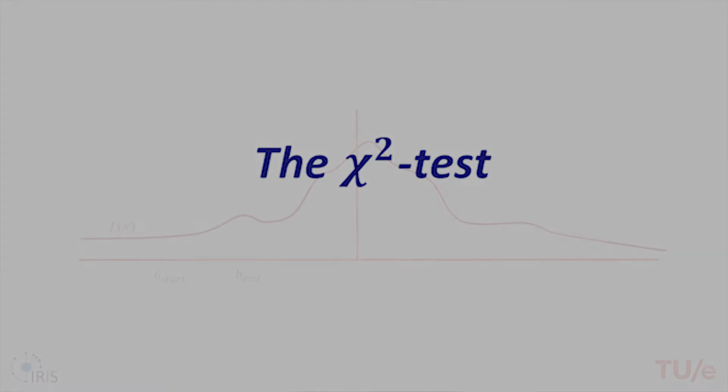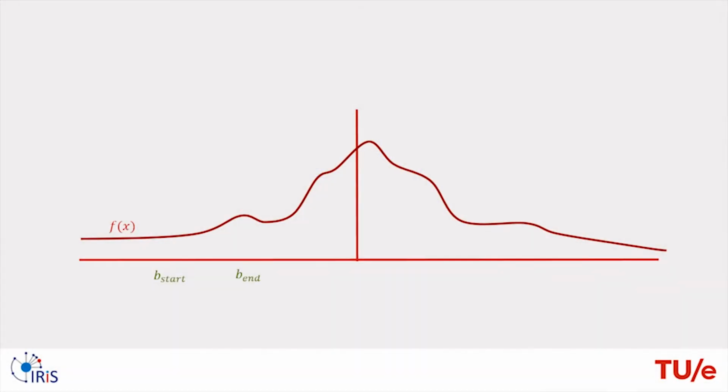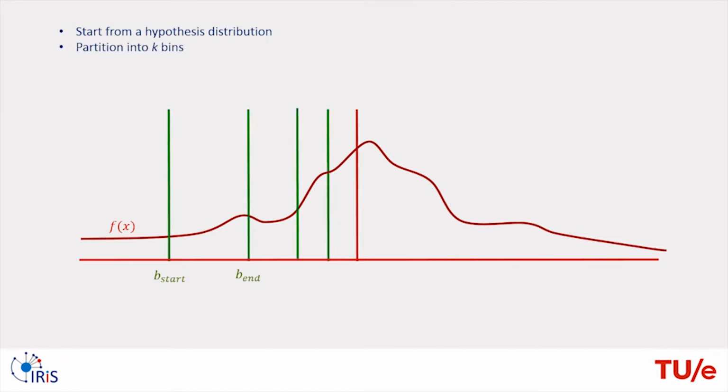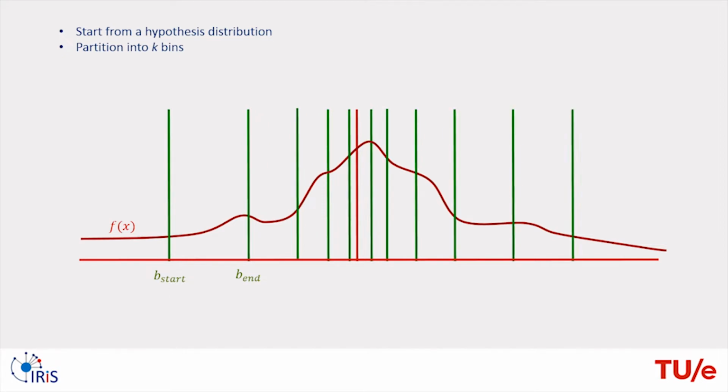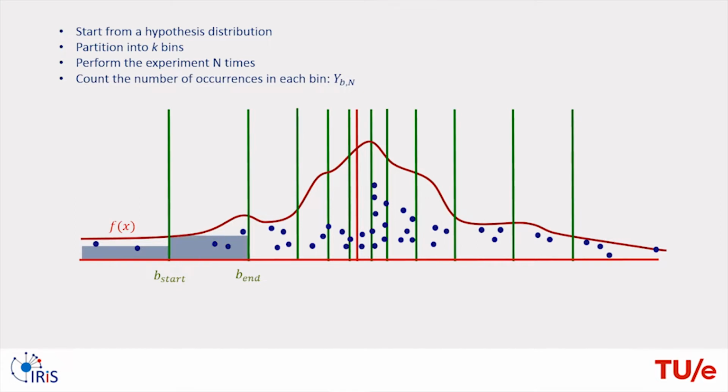The most famous, perhaps, is the chi-square test. The idea behind this test is that we start from some hypothesized distribution and we partition it into a number of bins. We say k bins. We are going to perform our experiment n times and count how many of the experiments end up in which bin. Formally, counting the number of experiments in each bin gives us a number of stochastic variables.